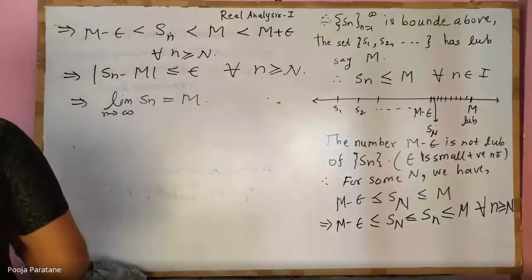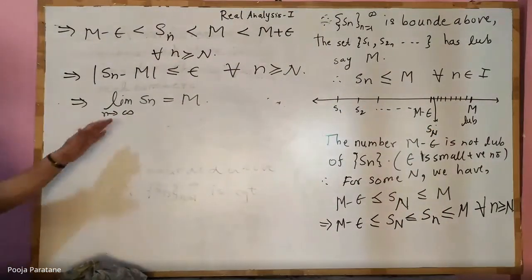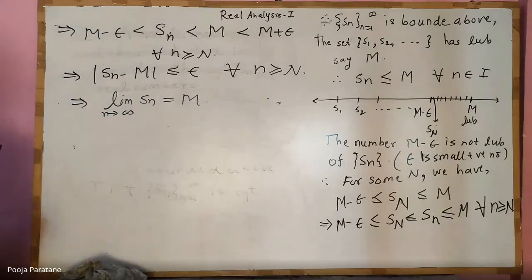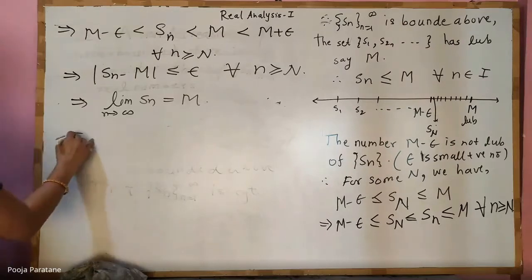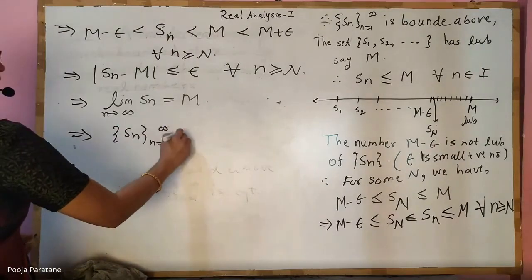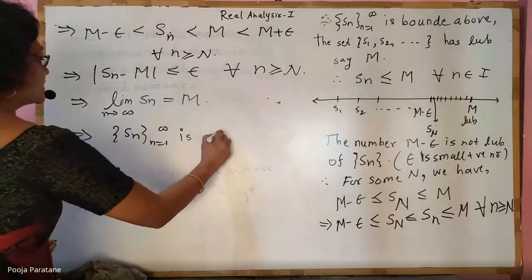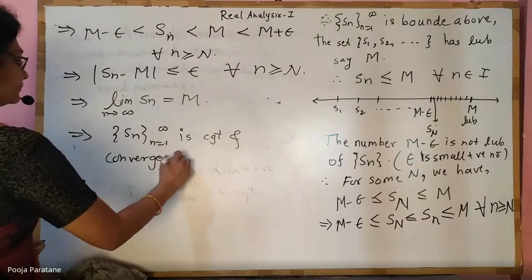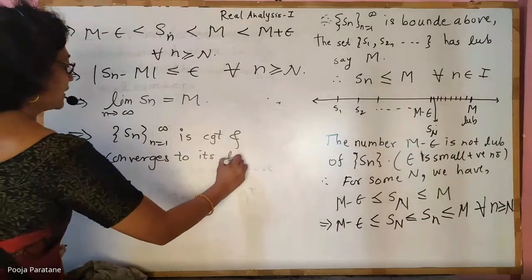That is a very important criterion and very useful to check whether the given sequence is convergent. So this implies the sequence Sn is convergent and converges to its LUB.